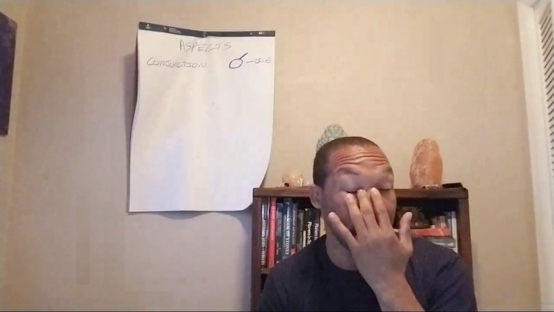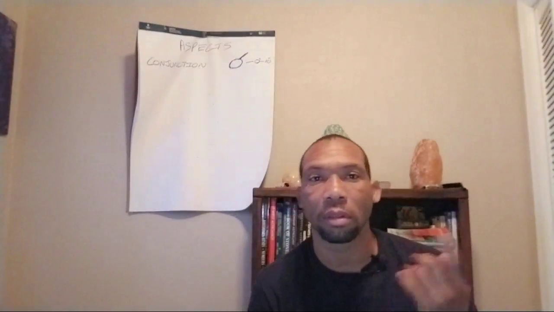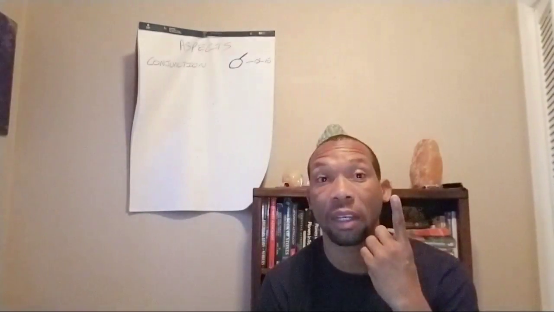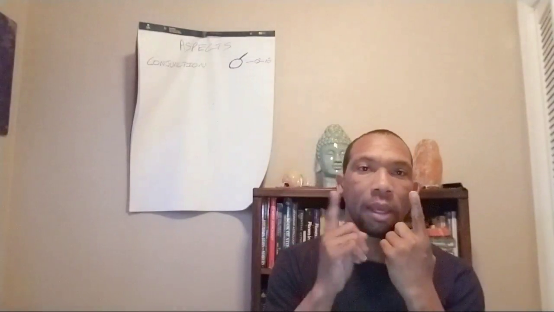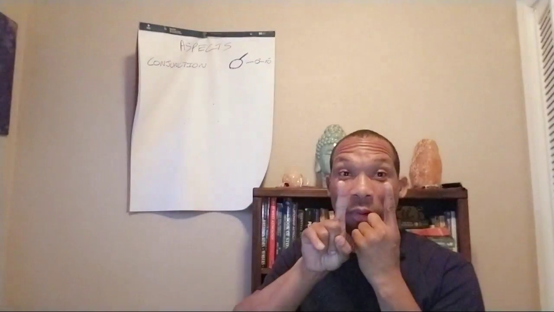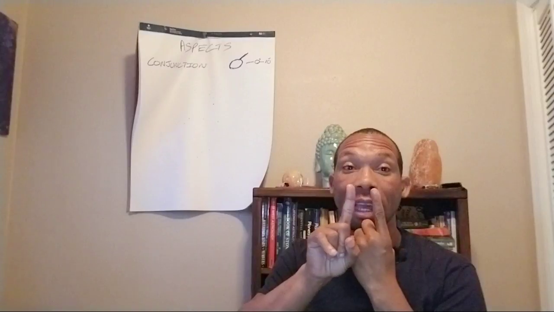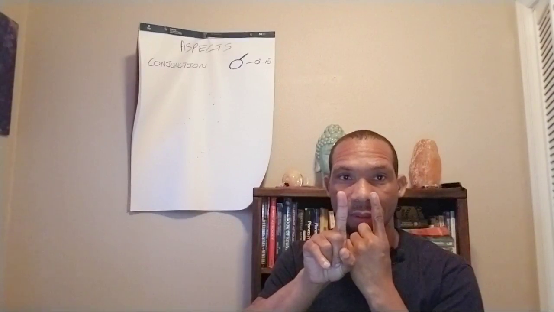Let's just say you have your Sun in, let's just say, 15 degrees Cancer. And in your chart, you also have Mercury in 19 degrees Cancer.